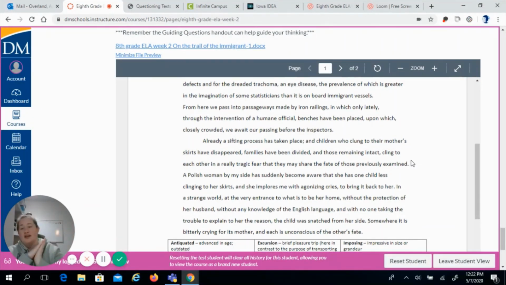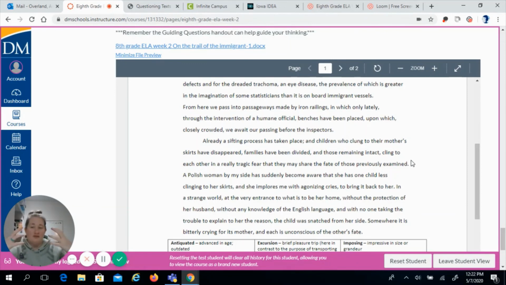So going to like Japan or going to a country in South America where they don't speak any English. I get there, I bring my kids with me. All of a sudden, my child is missing. No one's talking to me. No one speaks my language. My husband or significant other isn't with me, and I have no idea where my baby is.